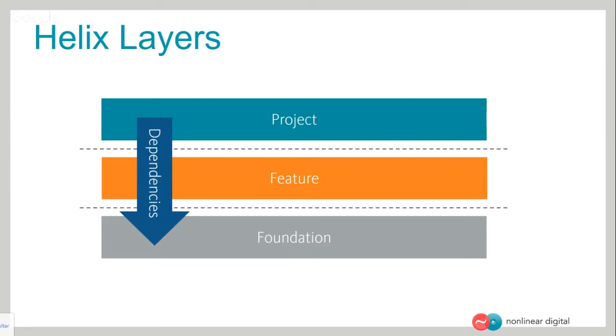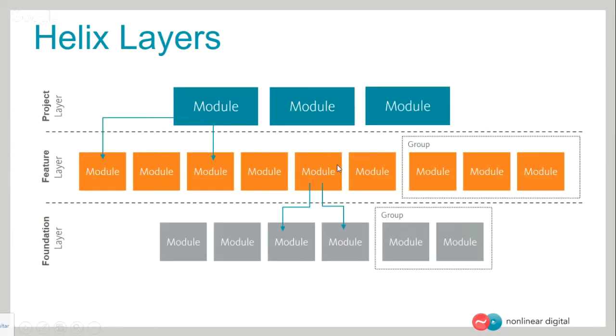Basic things like layout, the layout frameworks that you're going to use, access to data sources, languages, multi-languages, everything that relates to the basis of your project will be in the foundation layer.